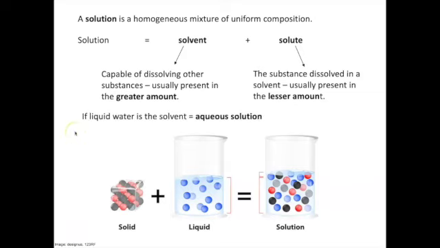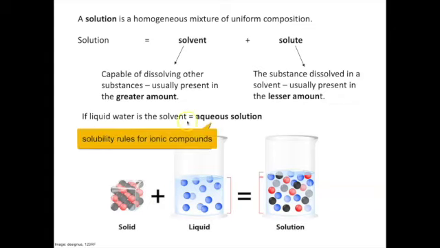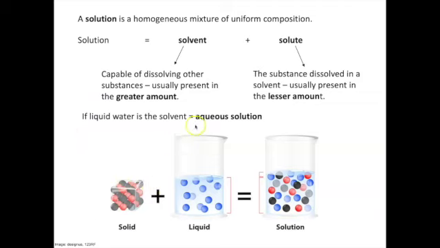In the replacement reactions, if water is a solvent and the thing that is being dissolved is soluble, what you have is an aqueous solution. So when you have an ionic compound that can dissolve in water, it's soluble, and that's called an aqueous solution.